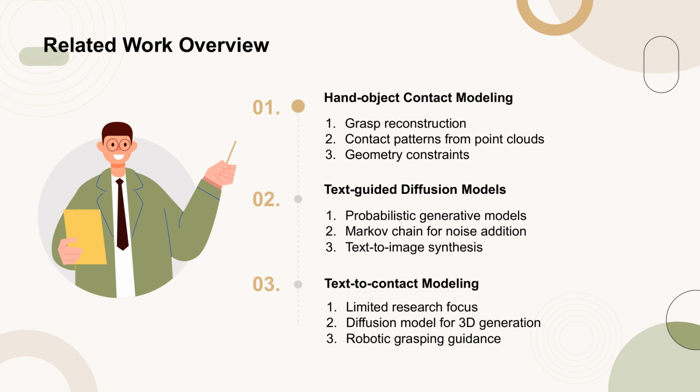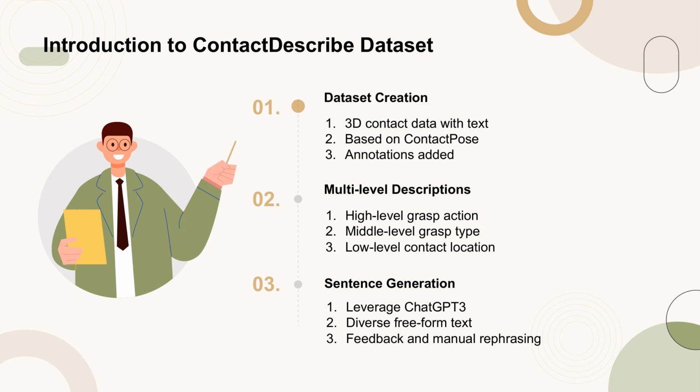The Contact Describe dataset was created to address the lack of detailed text descriptions for 3D hand-object contact patterns. It is an extension of the ContactPose dataset, adding annotations that describe contact patterns. The dataset features multi-level language descriptions, starting from high-level grasp actions, through middle-level grasp types and finger status, to low-level contact locations on hand joints.